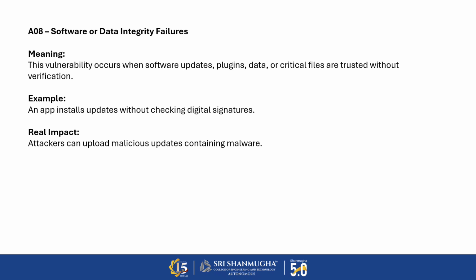Whenever we implement a third-party library, we need to see whether it is from a recognized authority. Some companies' applications update automatically with no digital verification or checksum implemented. That leads to a data integrity failure.